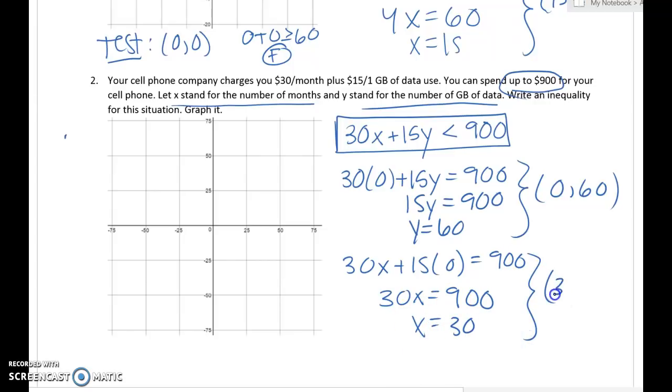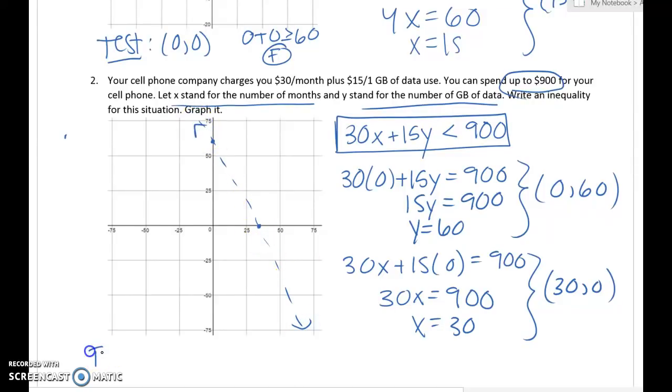So then we have 30, 0 for our x-intercept. At this point we can plug those in. So 0, 60 looks like this, that would be 65, so 60 is right below there. And 30, 0, so 25, 37 and a half would be here, so let's go 30, it's not exact, but that's okay. Not included, so it's dotted.